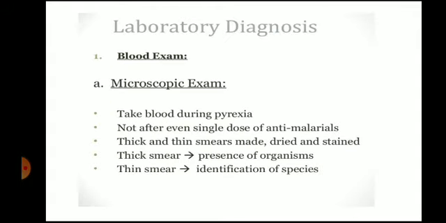Blood examination, microscopic examination: blood should be drawn during the pyrexia period, and not after even a single dose of antimalarial. Thick and thin smears are made, dried and stained. Thick smear is to identify the presence of the organism, and thin smear is for identification of the specific species.